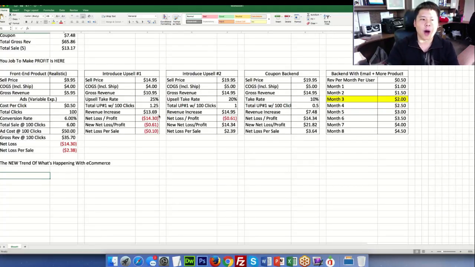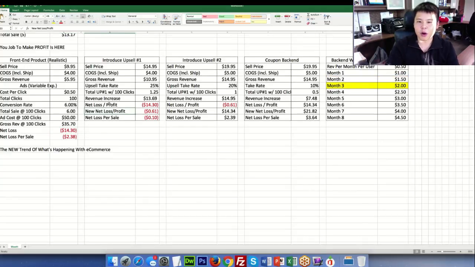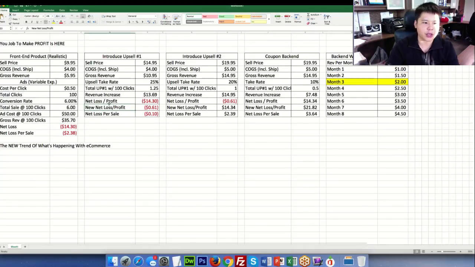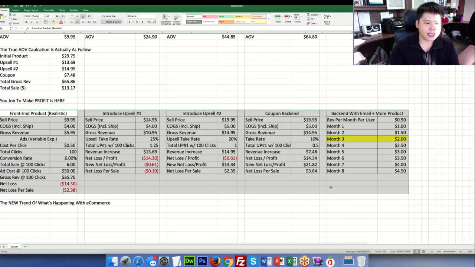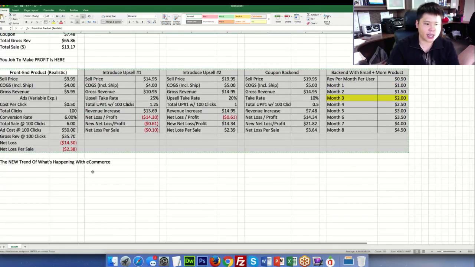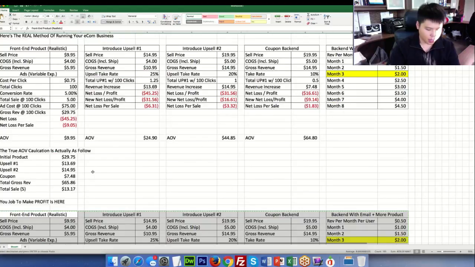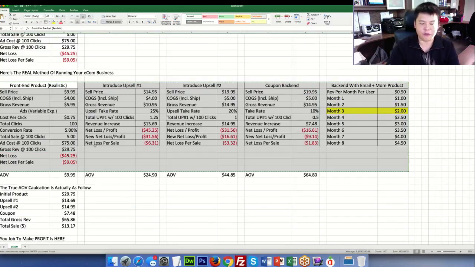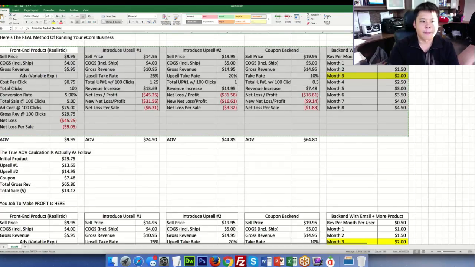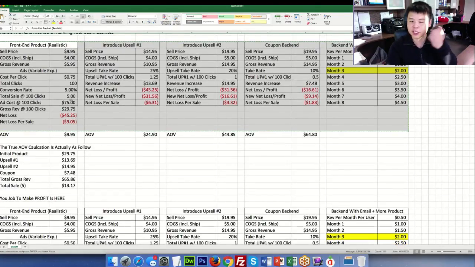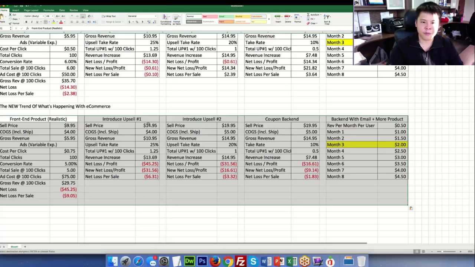Because here's what happens, and here's where the major thing comes into play. Let's take this one as an example. Assuming that you are still affording a super high cost per click and your conversion rate is still at 5 cents, here's going to be a big difference that you will be blown away by.